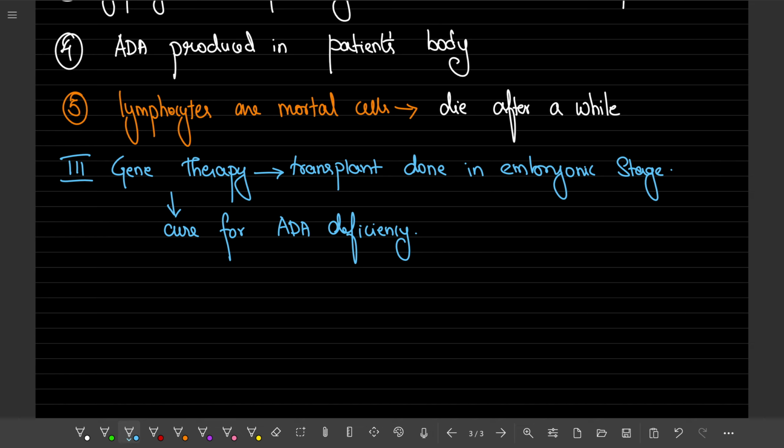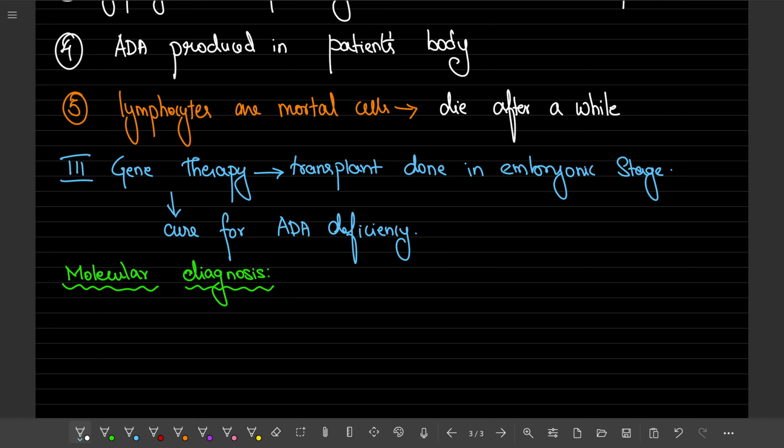Next is molecular diagnosis. What is that? Identifying diseases, diagnosing diseases in very early stages.